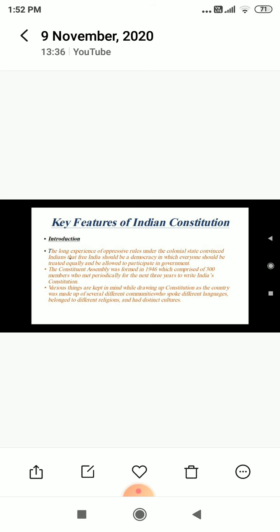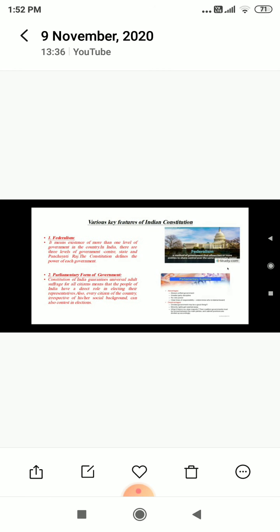Another feature of the Indian Constitution is federalism, because the Constitution tells about the type of government which we have, the federal nature of our country. It means the existence of more than one level of government in a country.